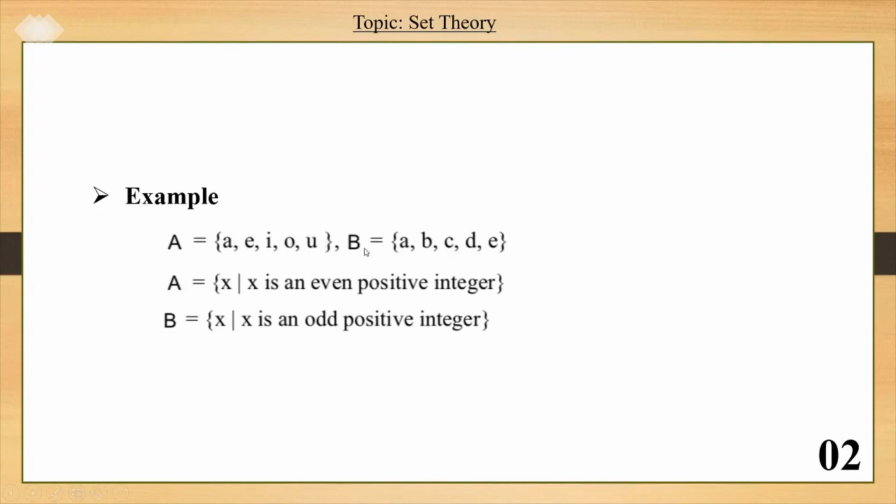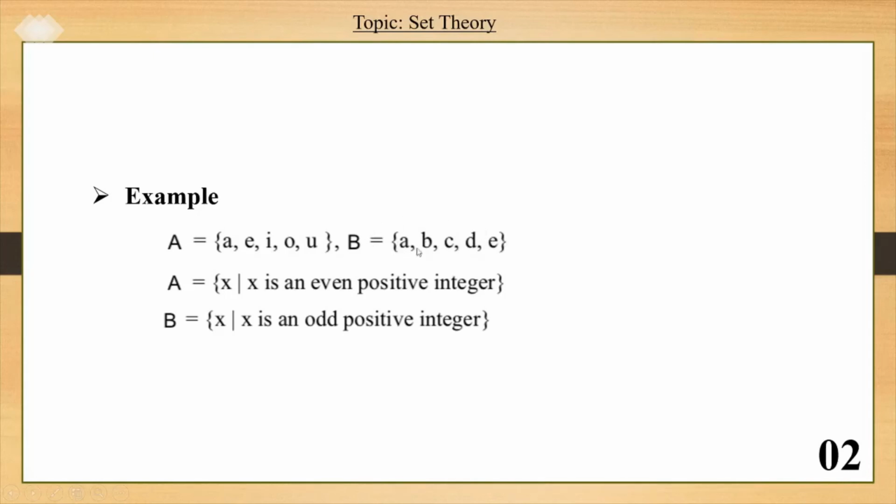Capital B is another set. It is a set of English letters, the first 5 alphabets in the English language.